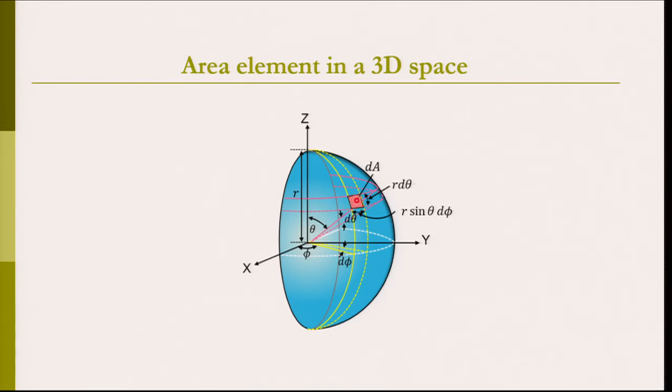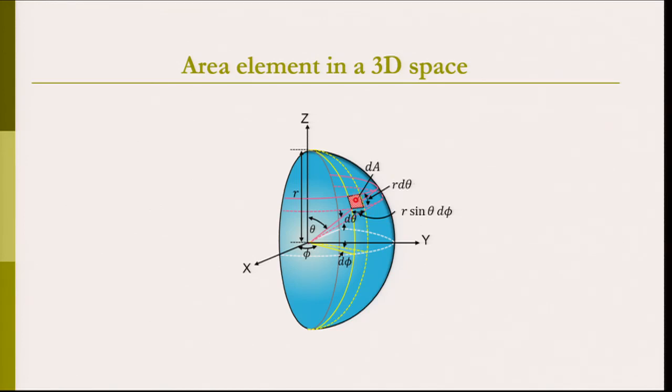This fiber covers a defined space dA, which is calculated by means of r d theta and r sin theta d phi. If you take the product of r d theta and r sin theta d phi, we can calculate the area occupied by this fiber on this sphere.